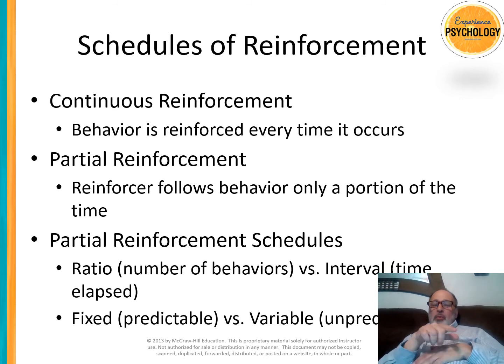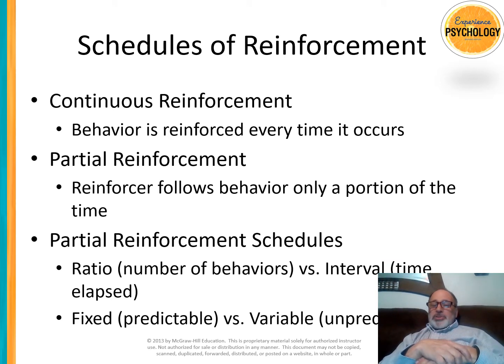So ratio has to do with the relationship of how many times a behavior happens with a reinforcement. It is a partial reinforcement, but it's set up how many times, and then a reinforcement happens.